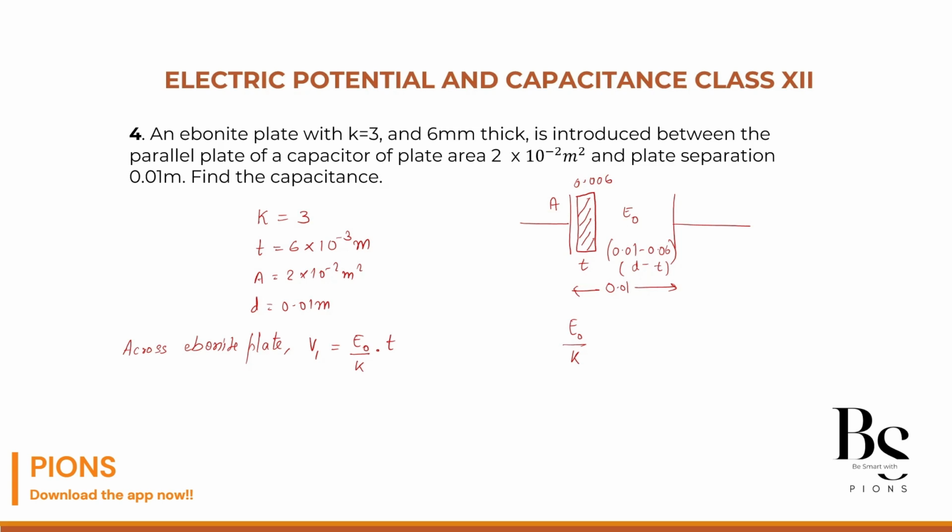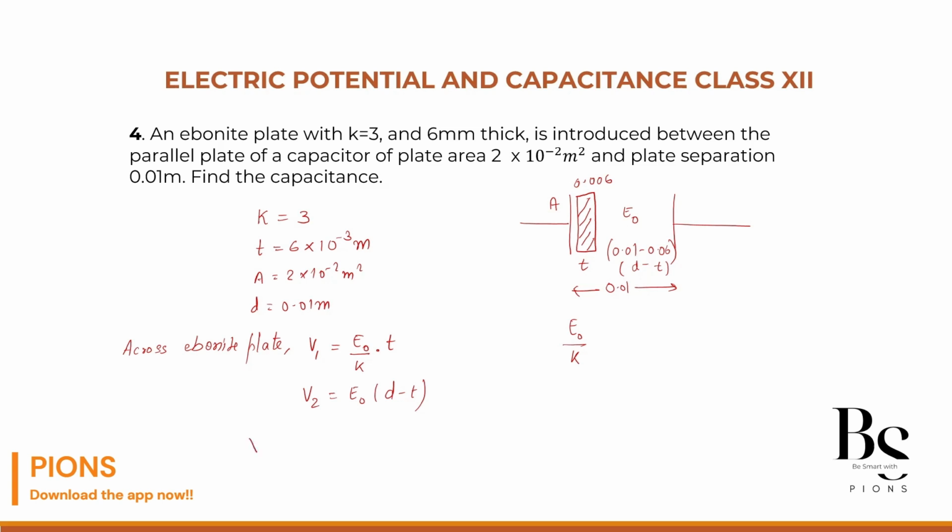So across the ebonite plate, the voltage is electric field into thickness T. Next is the empty space. V2 will be equal to the electric field E naught into D minus T. Clear? Yes, because the electric field in empty space is E naught and the separation is D minus T. I hope this is clear.